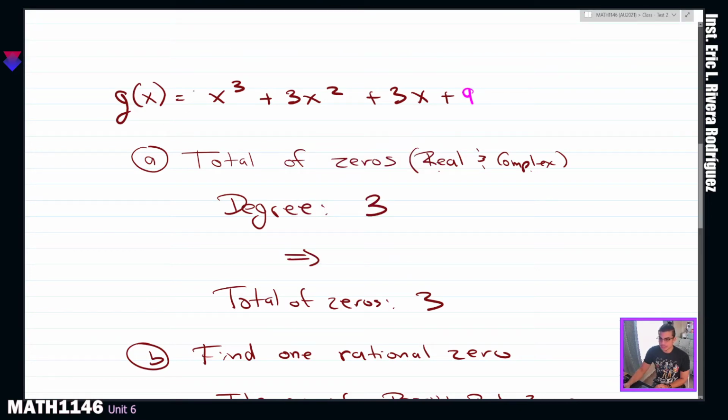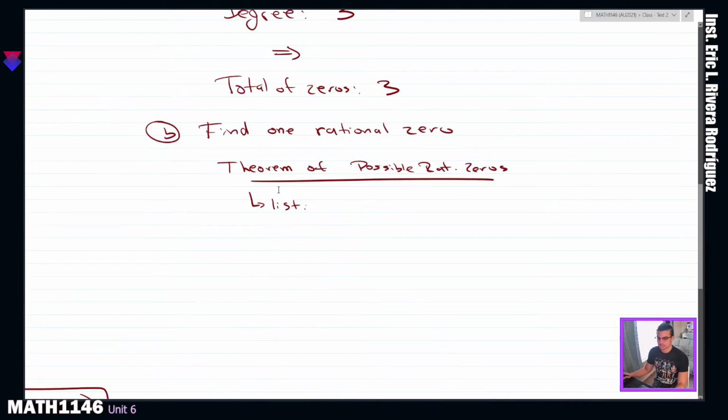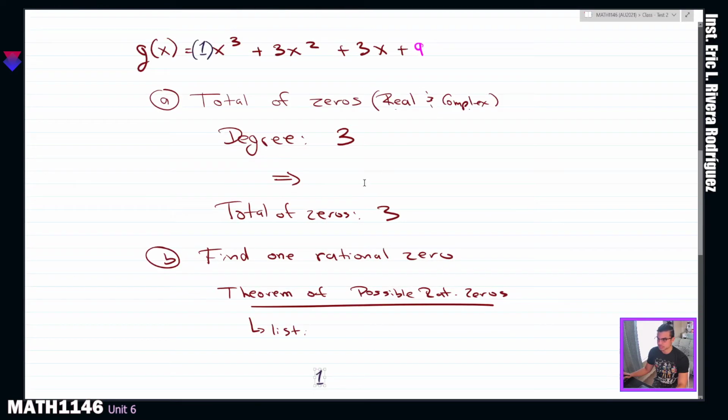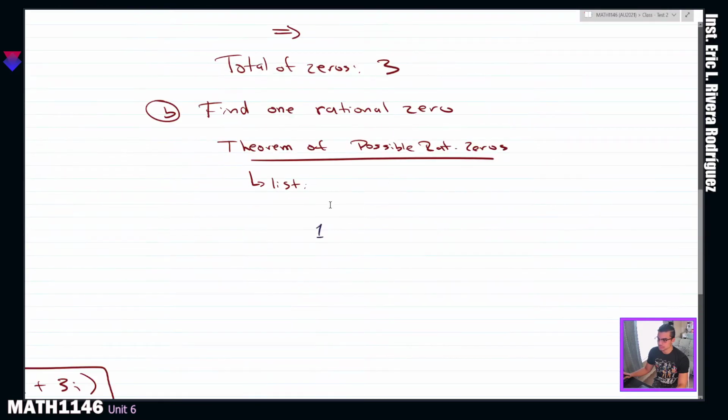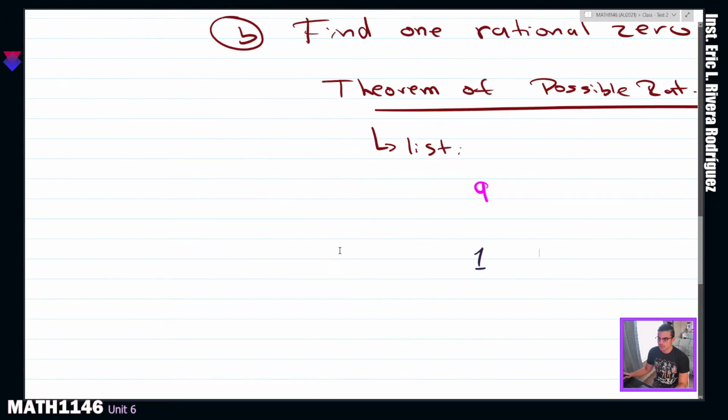The leading term here is 1 because there's nothing there, so that's the leading term. The constant term here is positive 9. Okay. So we have leading coefficient.